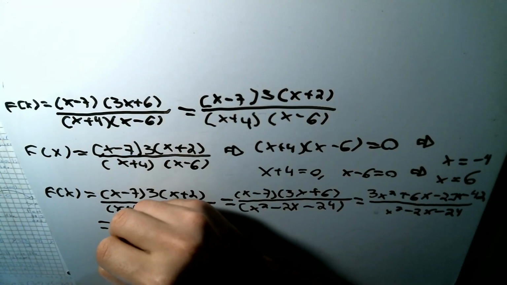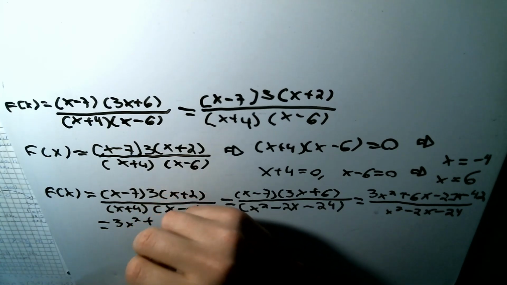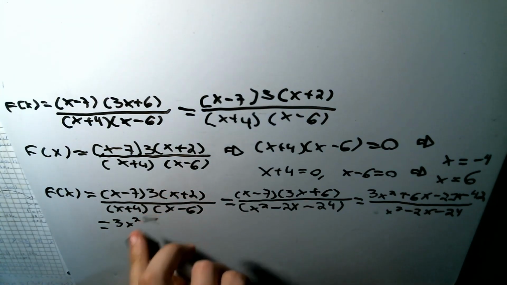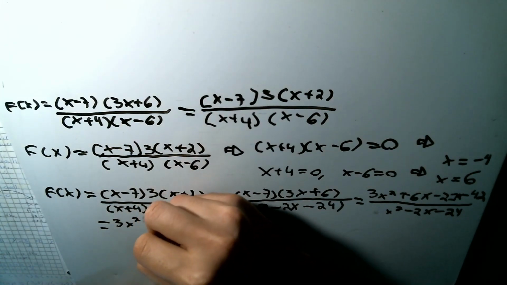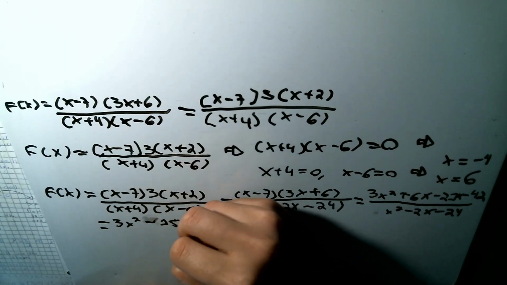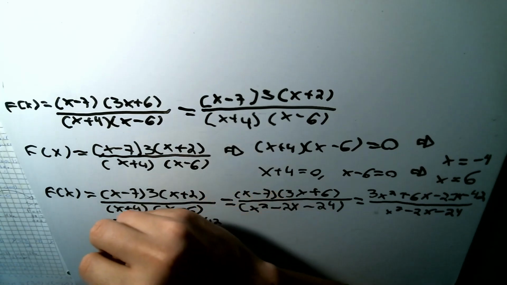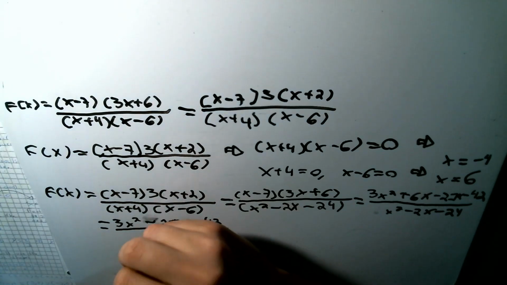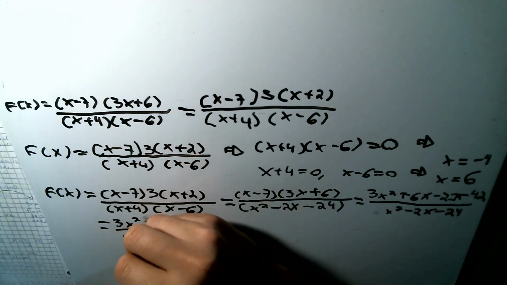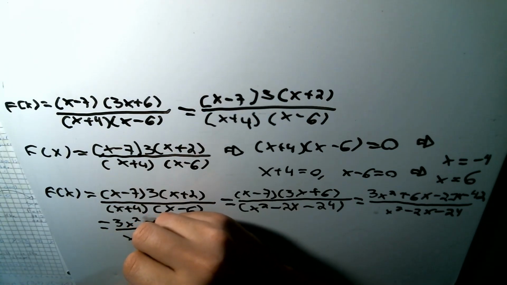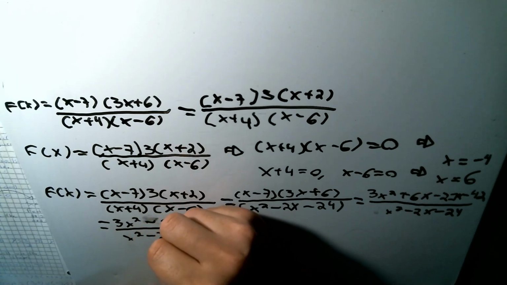Now 3x squared minus 15x minus 42, divided by x squared minus 2x minus 24.